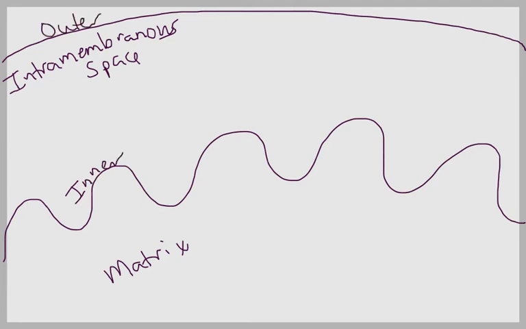Alright. Like I said, we have these cytochromes that are embedded in the inner membrane of the mitochondria. And NADH will bring over the hydrogen to this system, which is called the electron transport system.